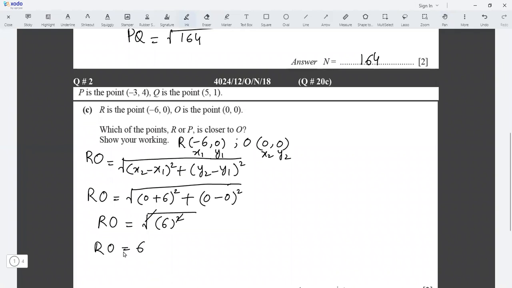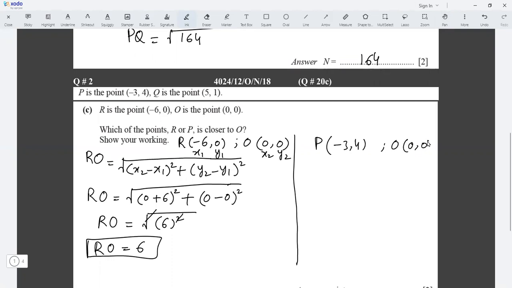RO equals 6. We have to check whether point R or point P is closer to O. Now we have to solve for P and O. I'm taking point P as the first point. P is (negative 3, 4), and point O is (0, 0). So this is (x1, y1), and this is (x2, y2).